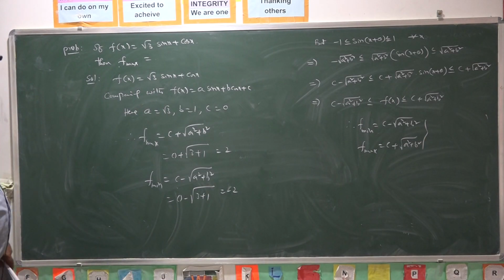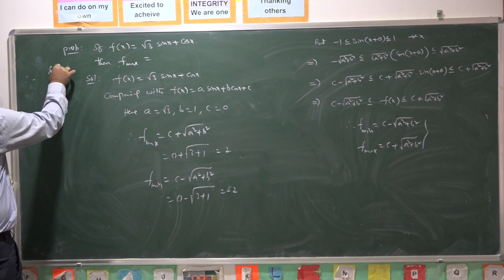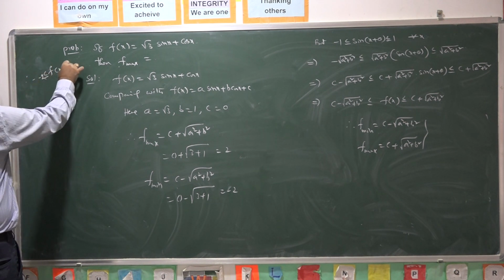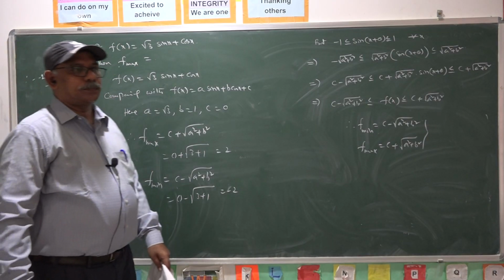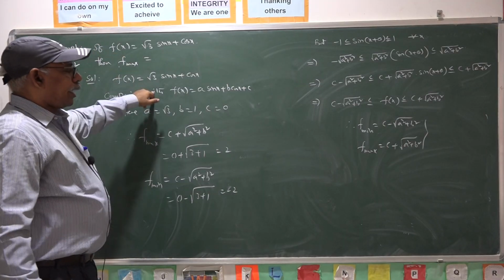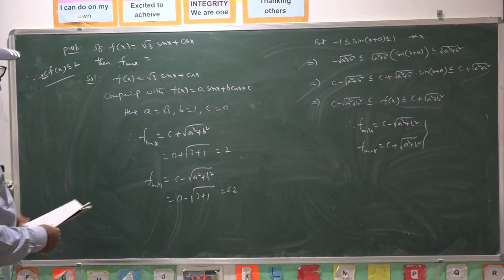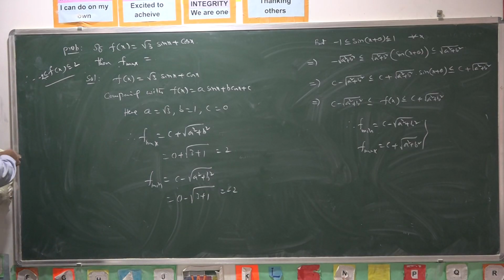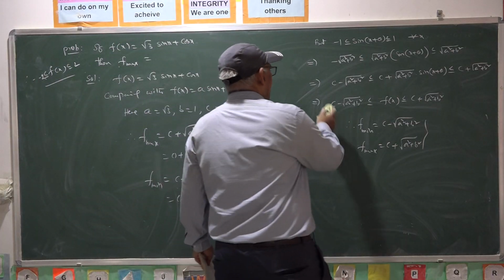So, the minimum is minus 2 and maximum is plus 2. Hence, here f of x lies between minus 2 and plus 2. The total function lies between minus 2 and 2. You can find the range of the function as well as the minimum and maximum values of the function. Once you get the minimum and maximum values of the function, then you can say that the range of the function is minus 2 to plus 2.